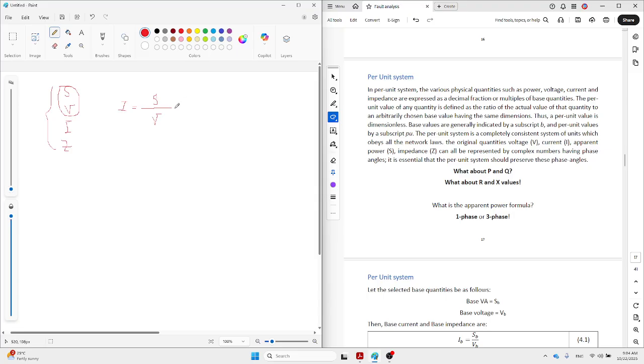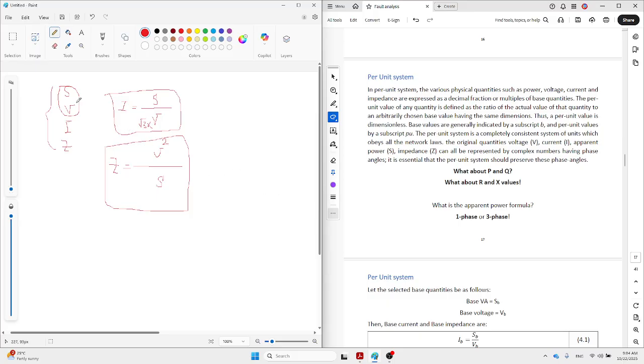Then don't forget, if it is three phase, you need a square root of 3 here, right? Then what about Z? The Z comes as V to the power of 2 over S. Don't forget here, no need to consider any square root of 3, okay? So this is the formula for Z, and this one is the formula for I.